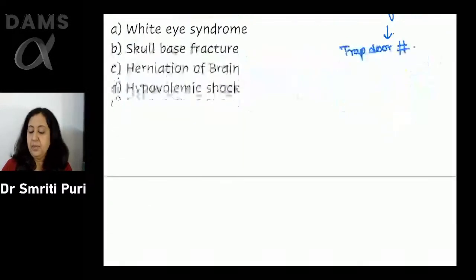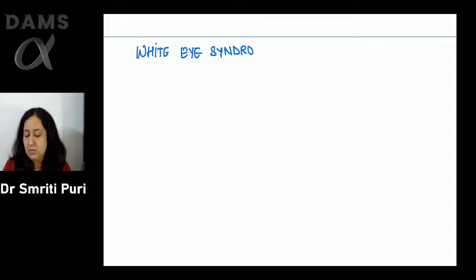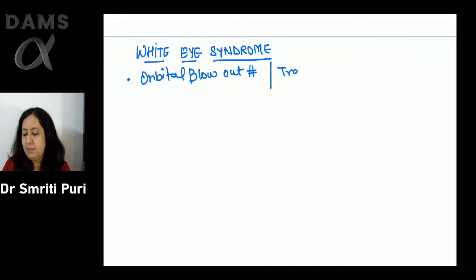Okay. Now there's something known as white eye syndrome. And it is associated with orbital blowout fractures or a trapdoor fracture.